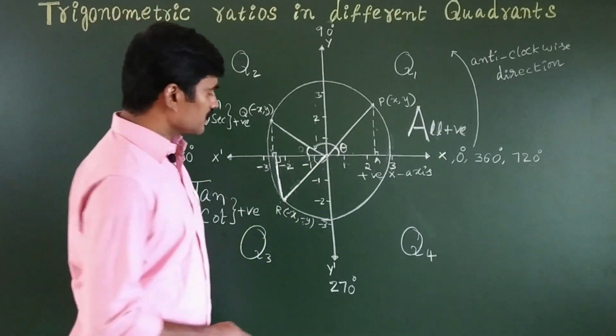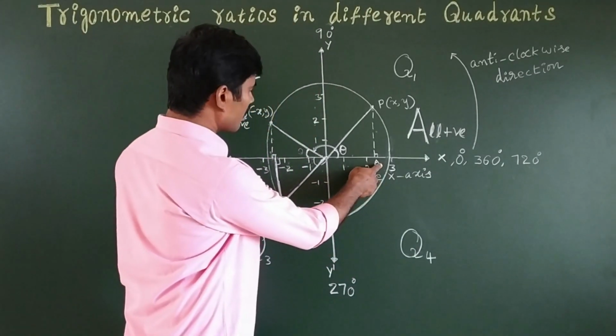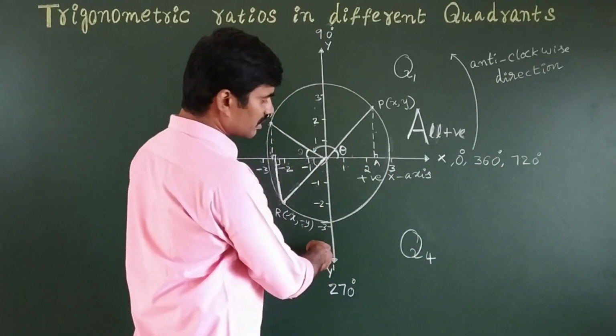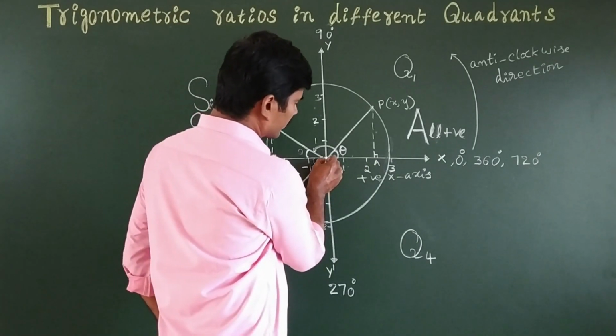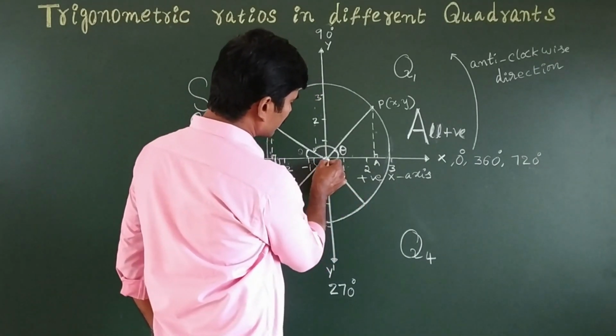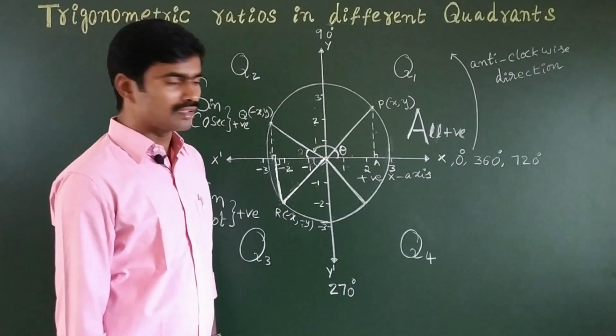In the fourth quadrant, the x-axis is positive and the y-axis is negative. So draw a radius in the fourth quadrant and take it as the terminal ray.